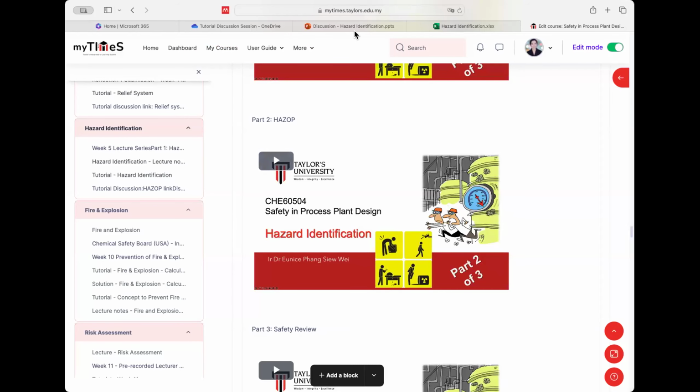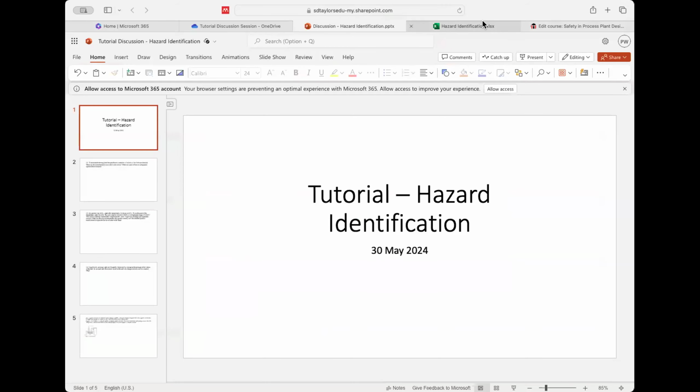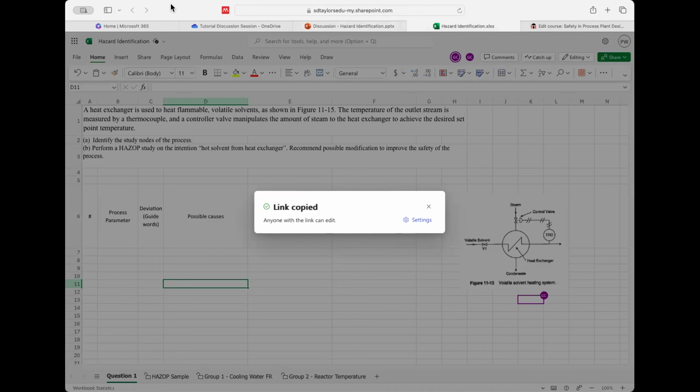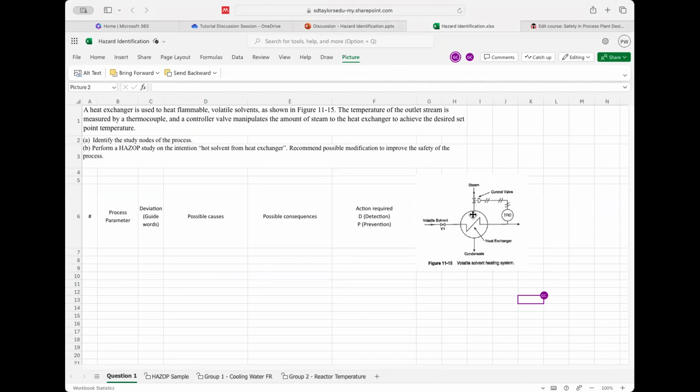What you're looking at is the HAZOP analysis on this heat exchanger. I have given another example in the presentations on the reactor, but what we are going to do today is this heat exchanger.